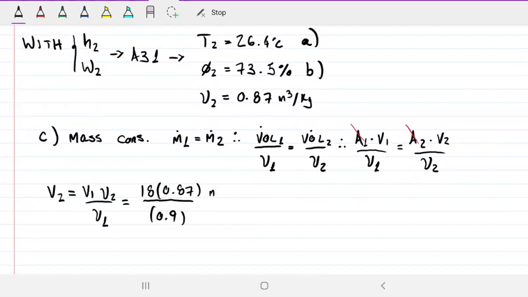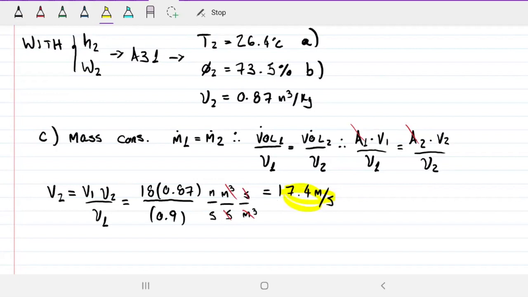Just remembering that this is meters per second times meters cubed per kilogram divided by meters cubed per kilogram, the units cancel, leaving meters per second. Now I got this to be 17.4 meters per second. So that's going to be our answer for C.